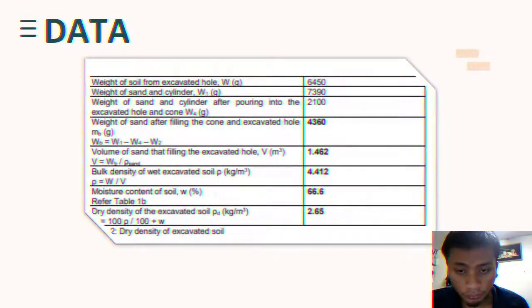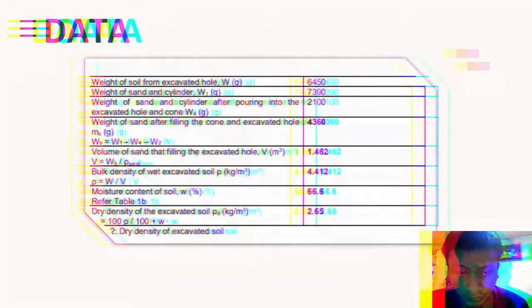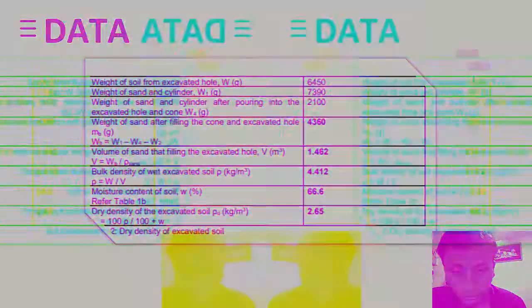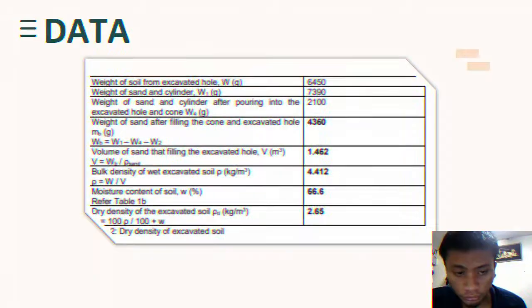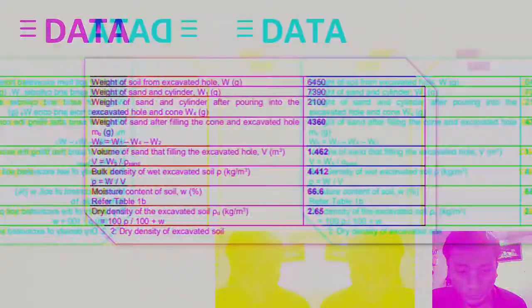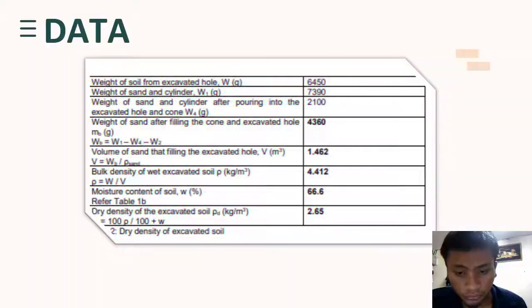The answer we get is 4316, and the volume of sand that fills the excavated hole is 1.462. The bulk density of wet excavated soil equals 4.412, and the moisture content in percent is 99.9%, and the dry density of the excavated soil is 2.65.